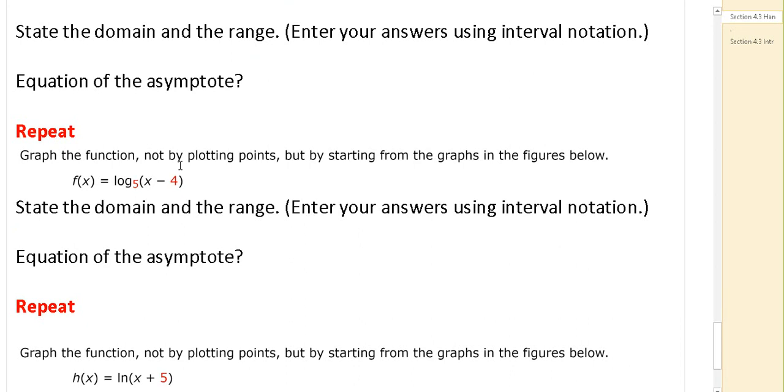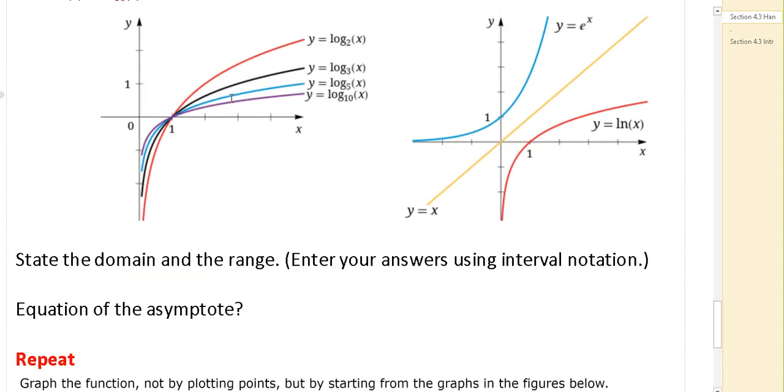So let's do a couple shifting problems here. So f of x is going to be log base 5 of x minus 4. Now we don't necessarily have to have a perfect image of this graph in our mind.